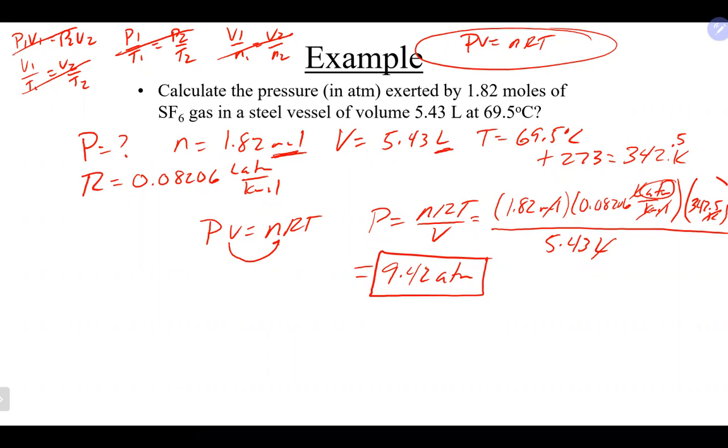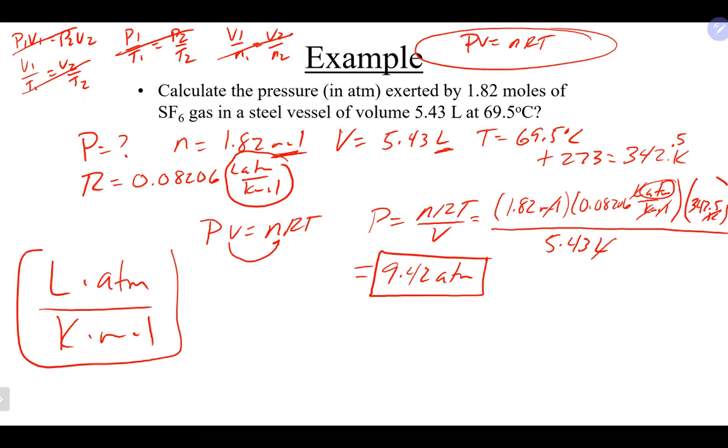Exactly. So the gas constant basically has all four of those units, if that's what you're asking, and it is liters times atmospheres up on top, divided by Kelvin times mole on the bottom. The good news is if you remember that, it will also remind you, when you're using the ideal gas law, what everybody else has to be in terms of units so that everything properly cancels out.